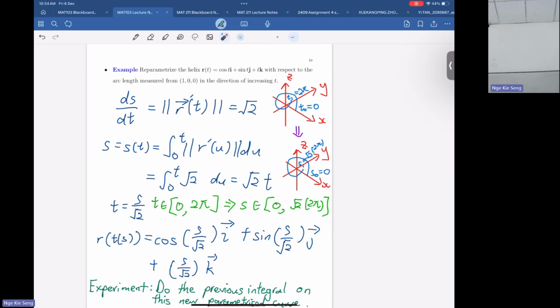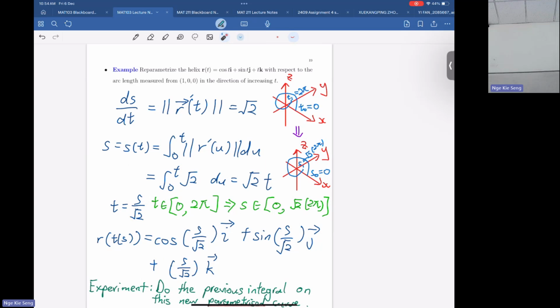So what's the advantage of doing this? If you repeat the process, you do this ds/dt method again, what do you think you will get? You treat this r(x) as a vector function again.